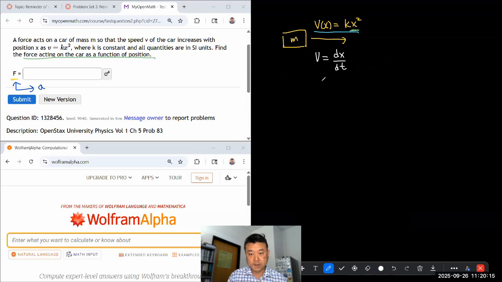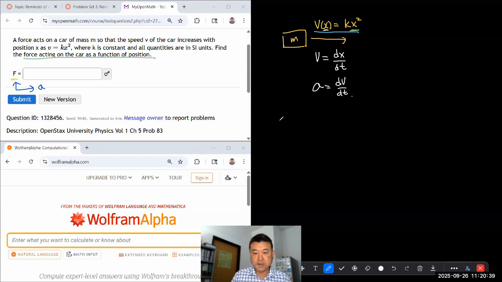In a similar way, acceleration, which I'm trying to find, is the time derivative of velocity. So that's what you need to do. Now, you might be thinking, but I don't have velocity as a function of time, I have it as a function of position. Then there are some calculus things you can do to work through that. Let me demonstrate.